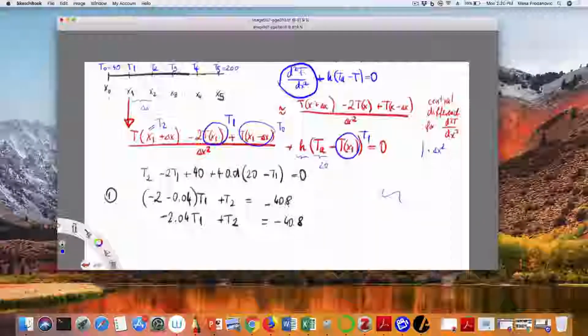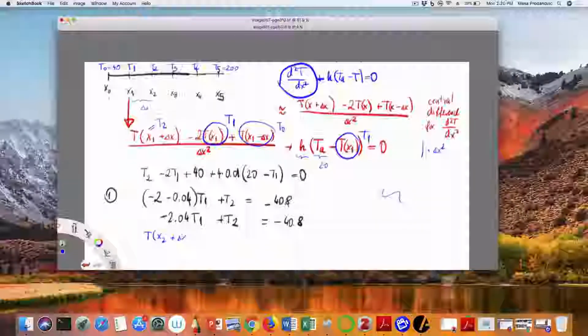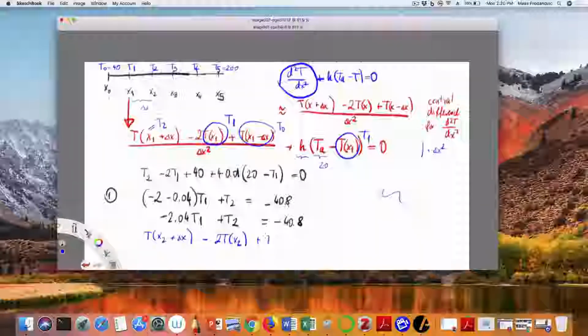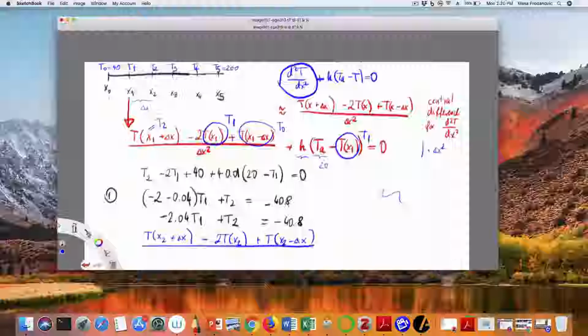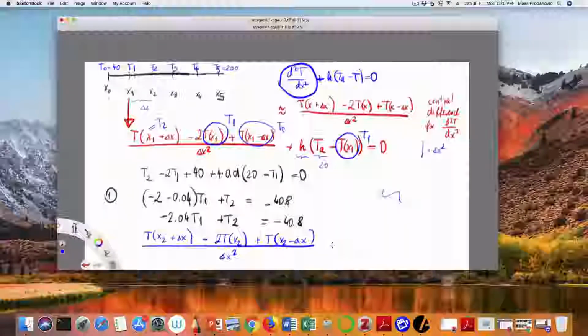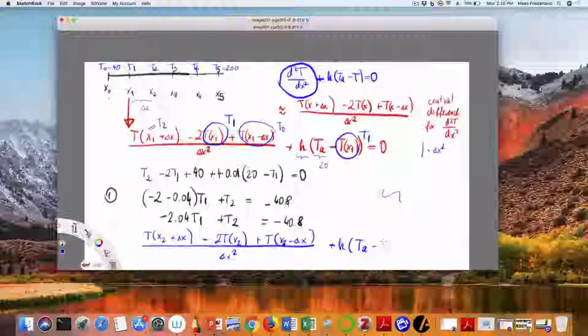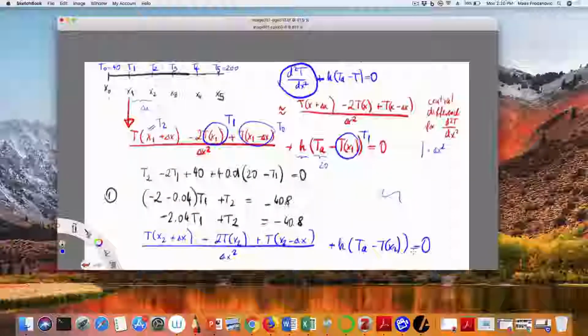Then I would have the same formula d squared T dx squared applied to the second point, which is T of x2 plus delta x minus 2T of x2 plus T of x2 minus delta x, divided by delta x squared, plus h times (Ta minus T of x2) is equal to 0. Again, I'm just replacing the actual derivative with the discretized version.